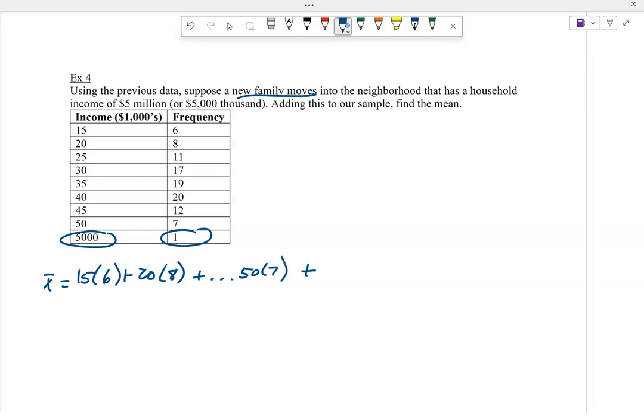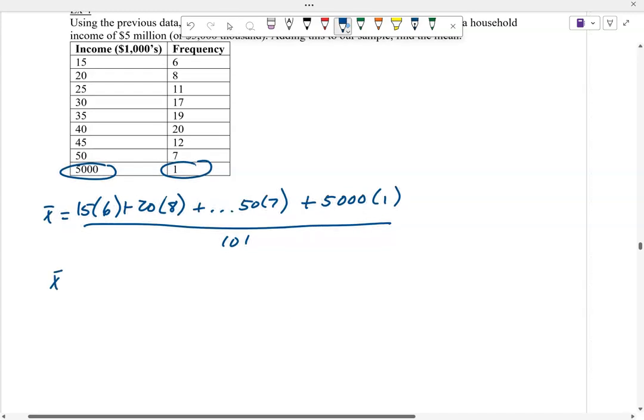And now I have this new person, Elon Musk, moving in, making $5 million a year. Divided by how many households? Now there are 101 households, adding up all the frequencies. How does this change the mean?